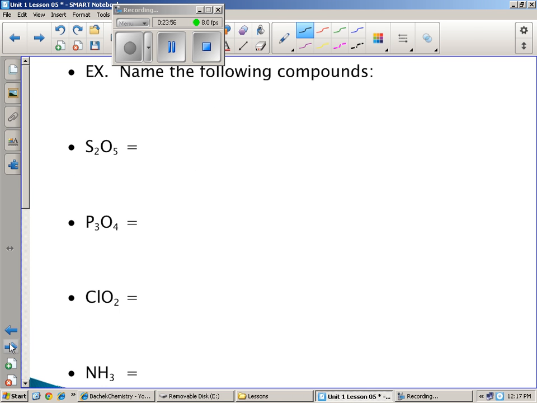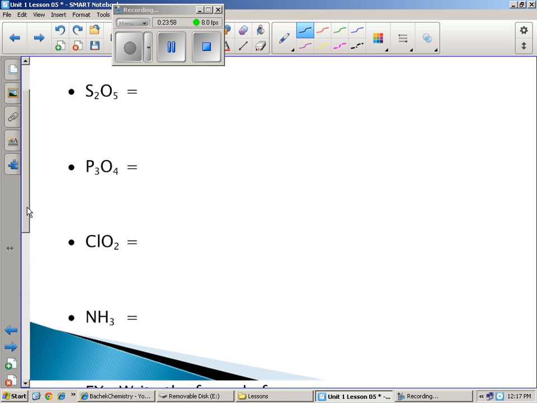Next page. We're going to name a few more here. 2 sulfurs need a prefix, more than 1. So this is disulfur. 5 oxygens, so 5 is penta. Oxide. Okay. P3. Triphosphorus.